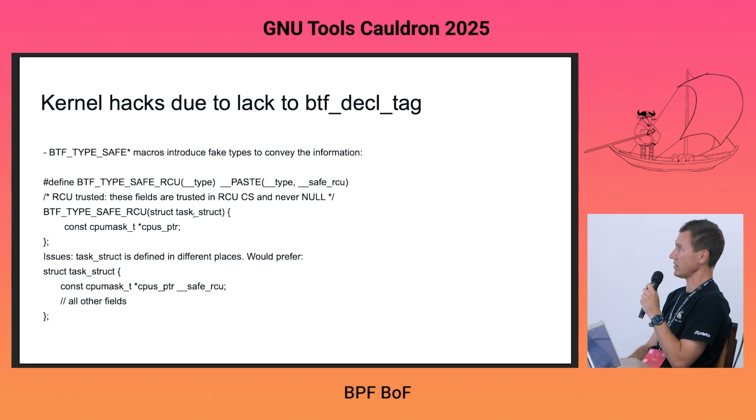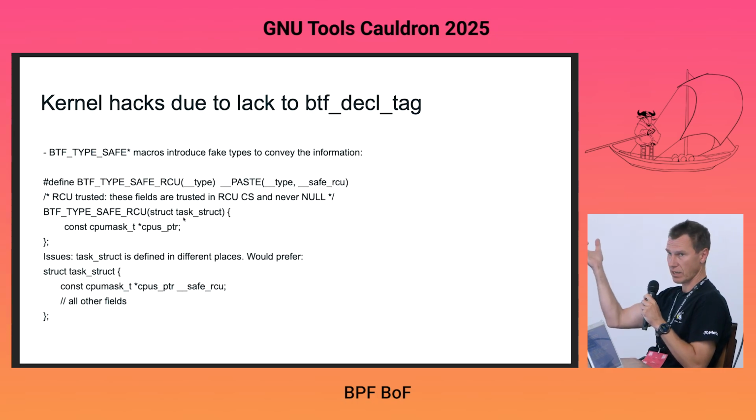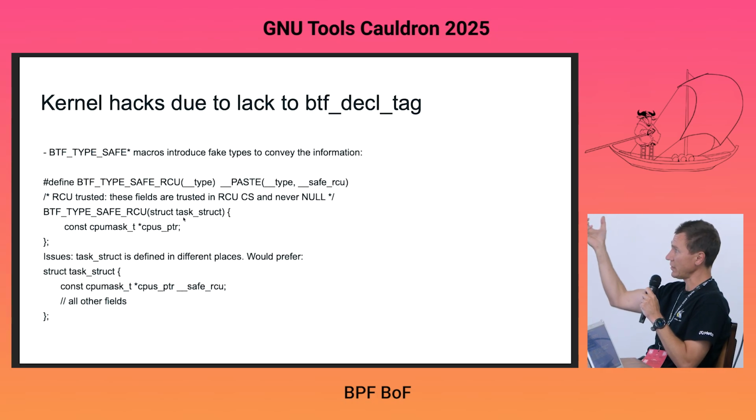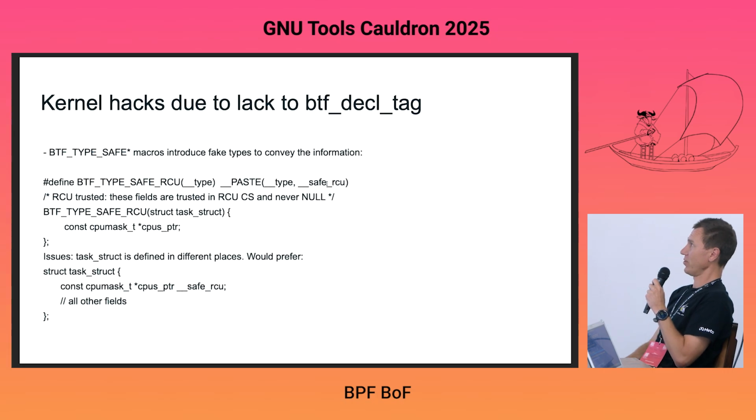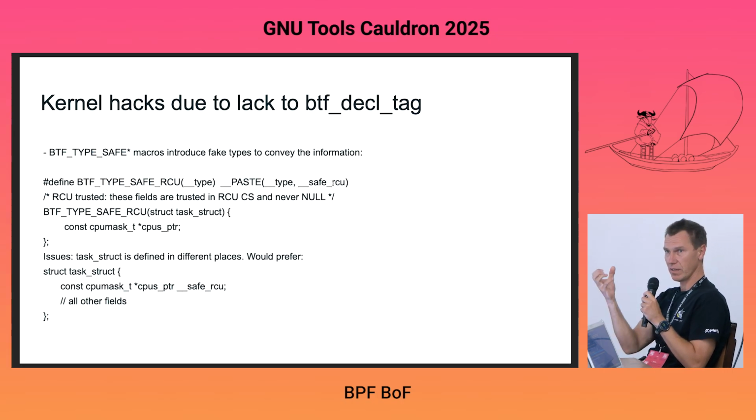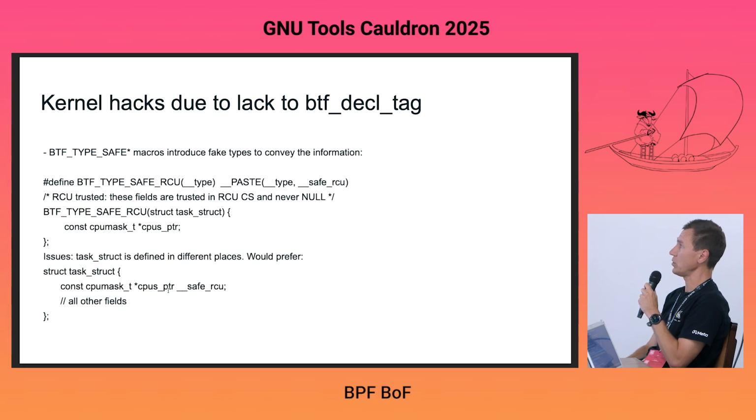Effectively we define task_struct, which is the main data structure in the kernel, twice: once properly in the sched.h file, and then a second time we define a task_struct with a __safe_rcu suffix added to the name. The name is now different, and within it we know these fields are safe to access under RCU, like safety aspects. It would be much better if, in the one place in the kernel where task_struct is defined, sched.h, we just add a type tag.